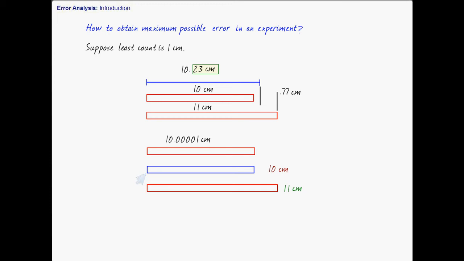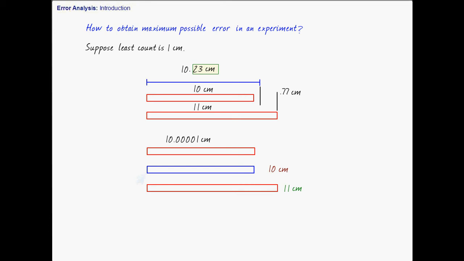So you see, what is the error if you write it as 10 centimeter? The error will be very small, 0.00001 centimeter. But what if by mistake you write it as 11 centimeter?